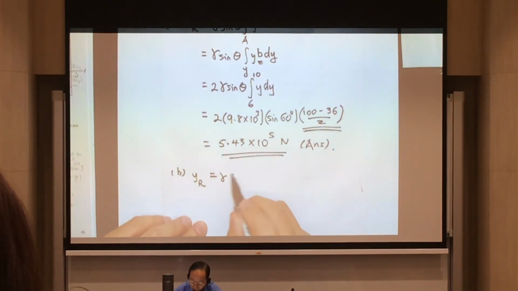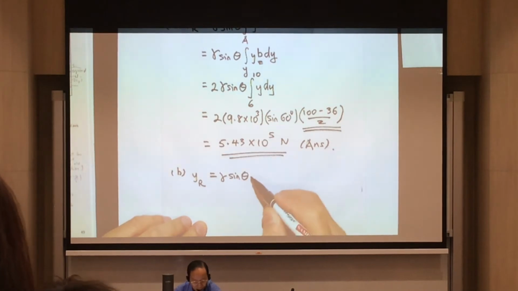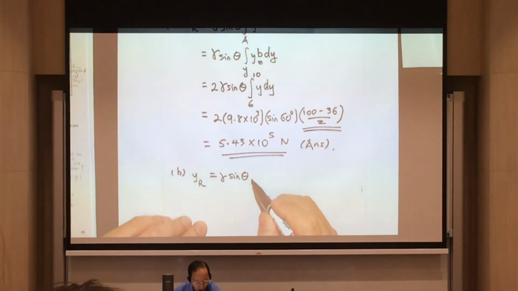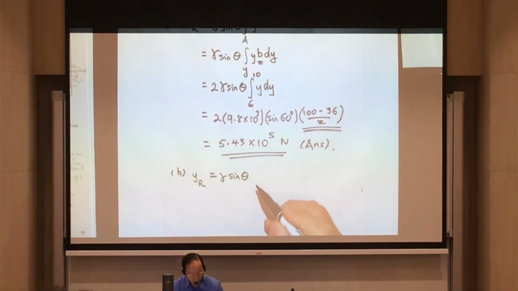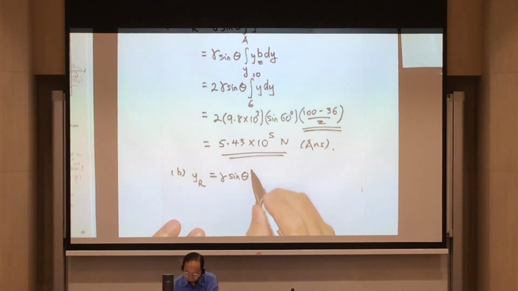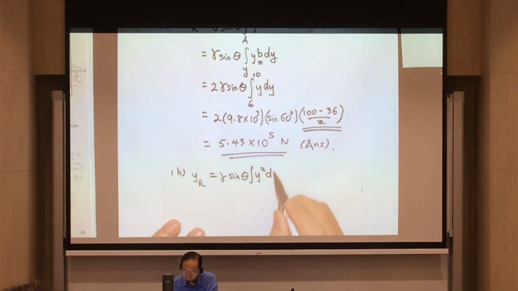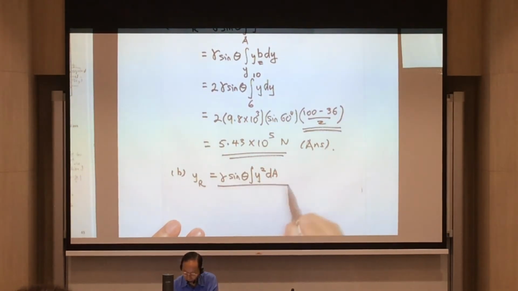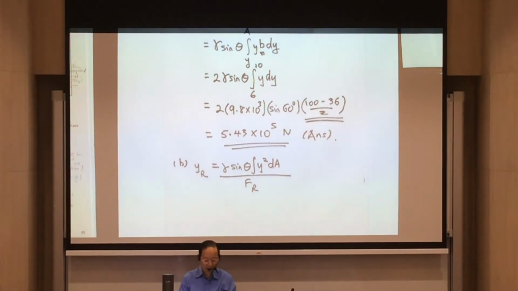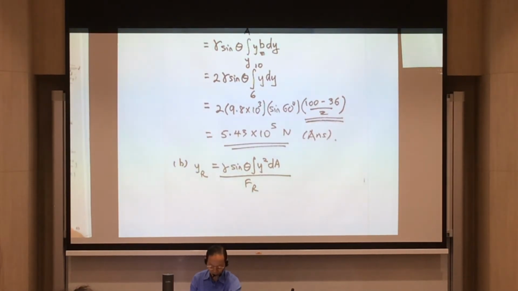YR is equal to gamma sine theta integral of y squared dA over FR. Okay, that's what we have derived previously.